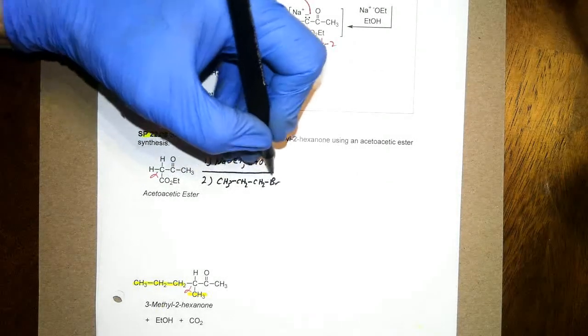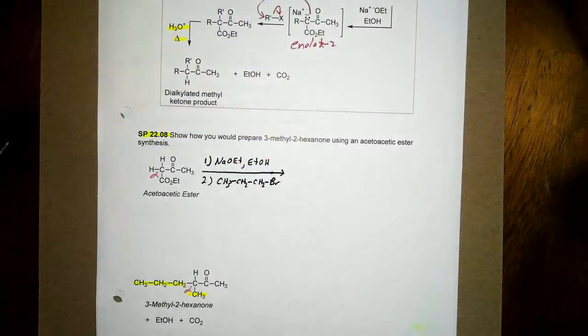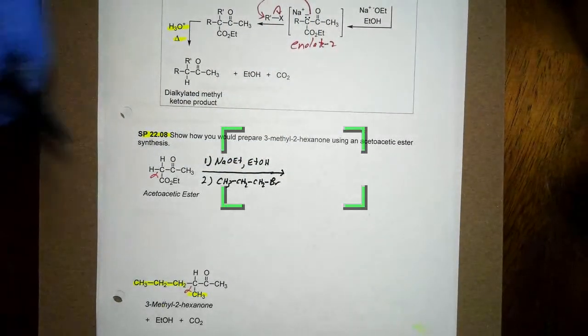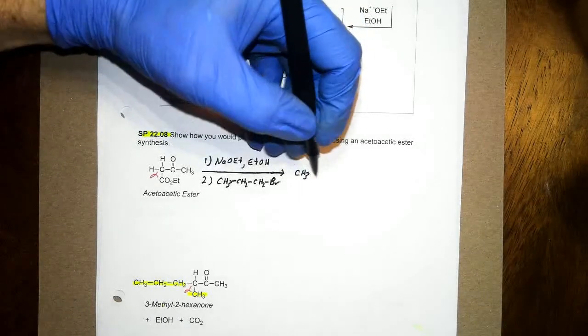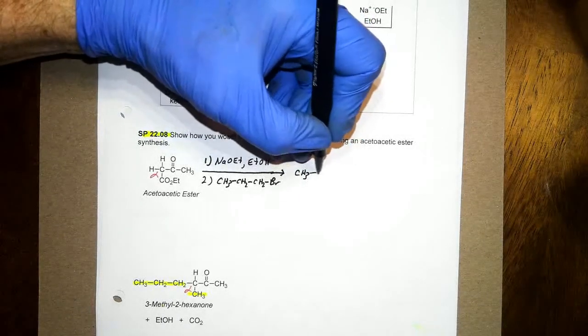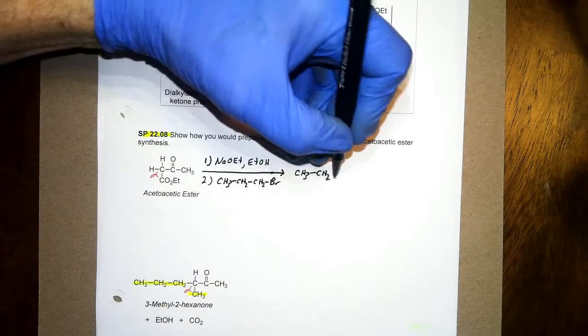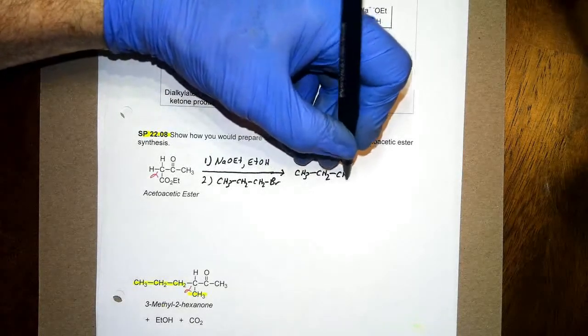I'm using a condensed structure to draw my propyl group. This is propyl bromide. Alright, we're going to draw the next covalent intermediate. And what would that look like? It would look like the original acetoacetic ester minus one of the alpha protons. Okay?